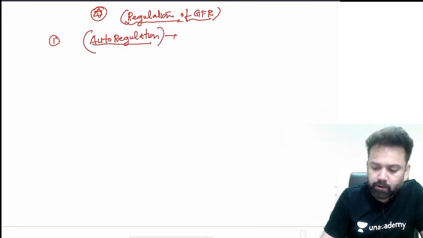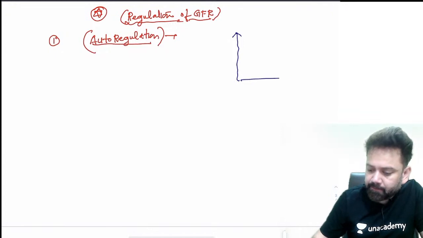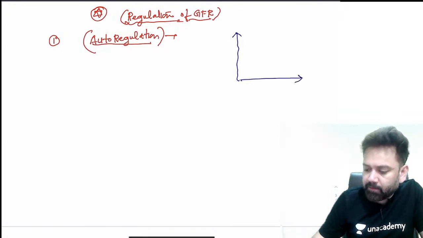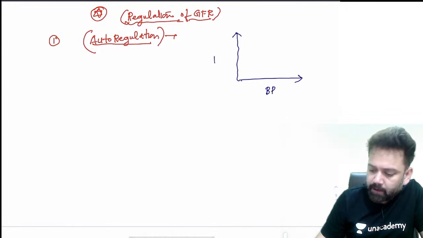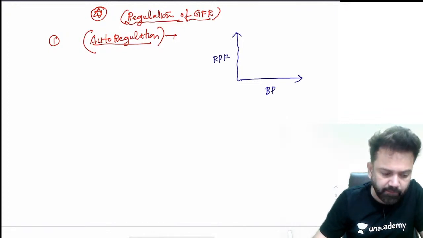Autoregulation means simply, as I told you, even if blood pressure increases, this is your BP and this is your renal plasma flow.